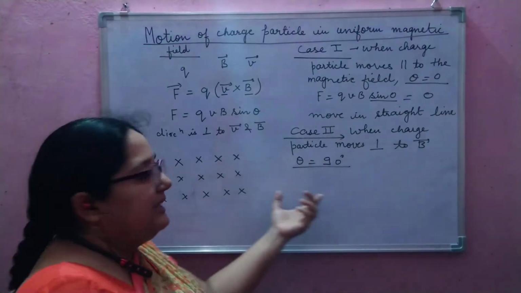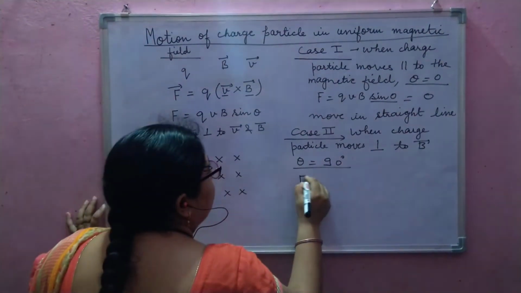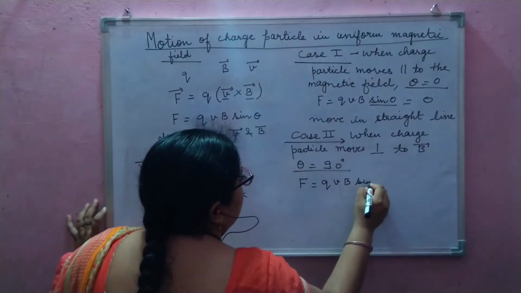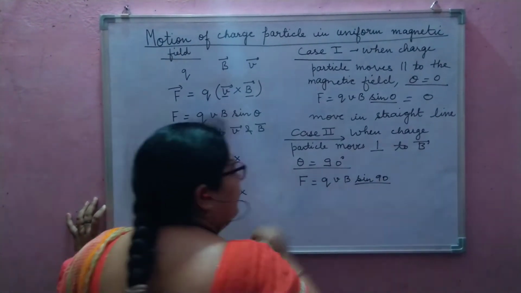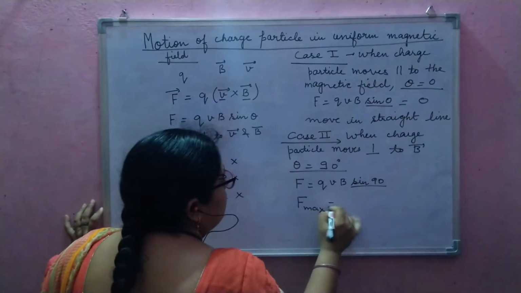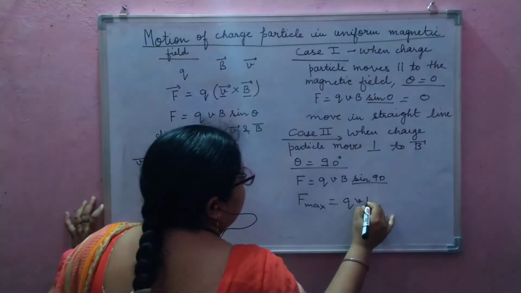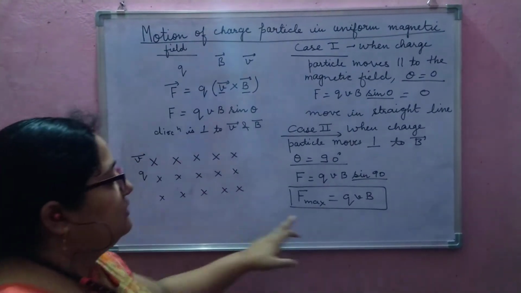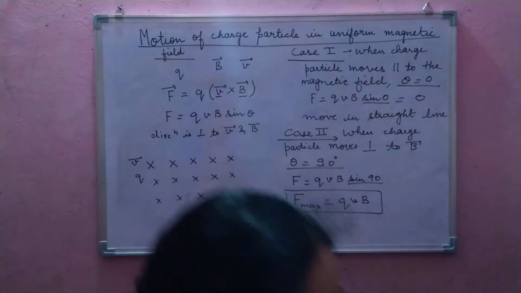If theta is 90 degrees, then the force will be given by QVB sine 90. Sine 90 is 1, so the force will be maximum, given by QVB. So this is the case of maximum force.